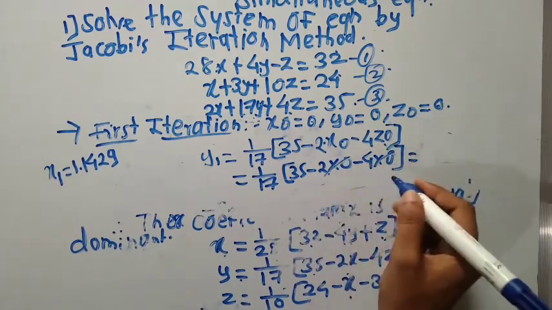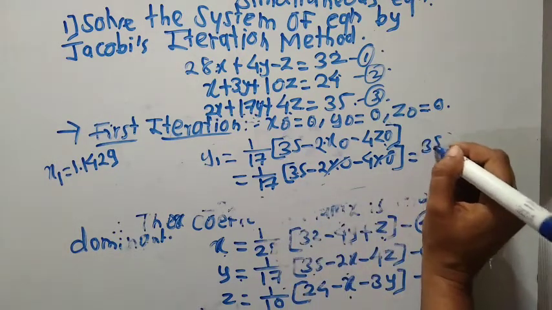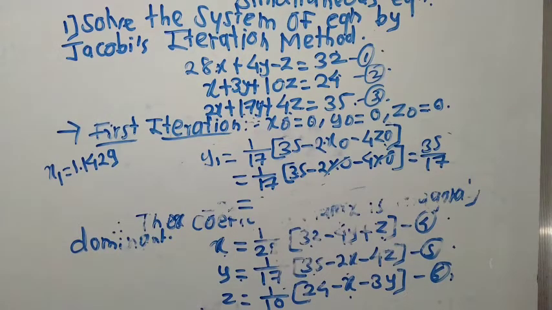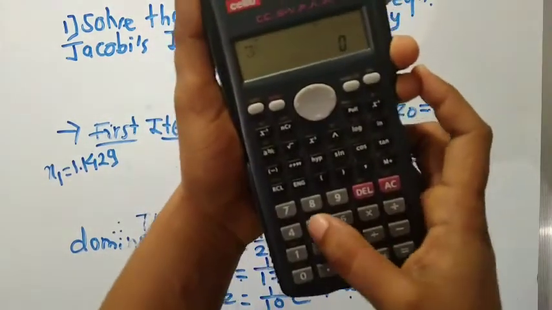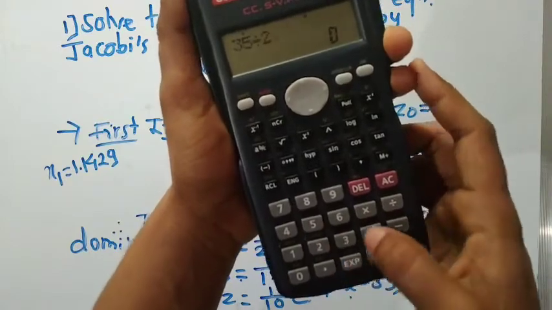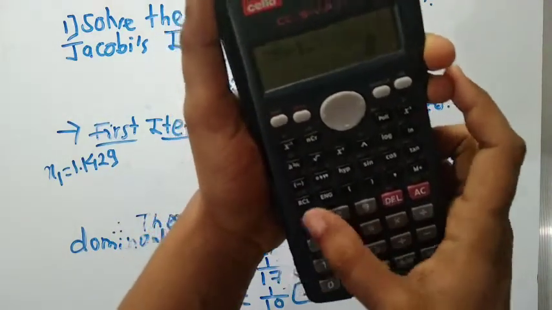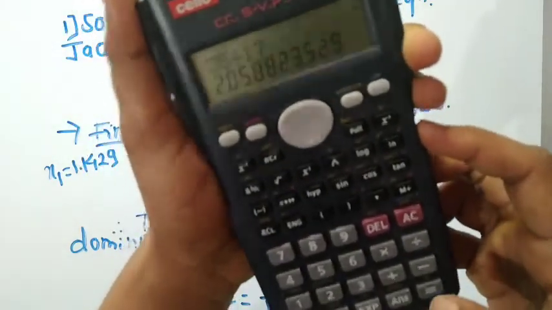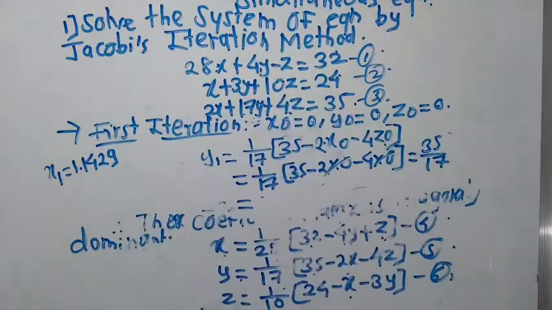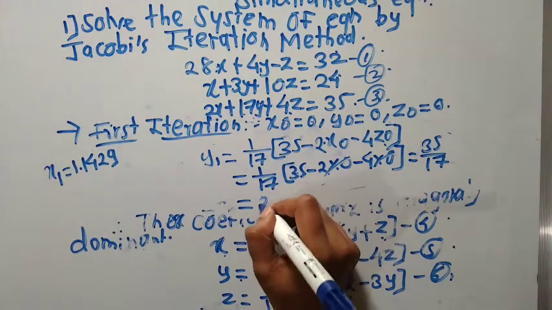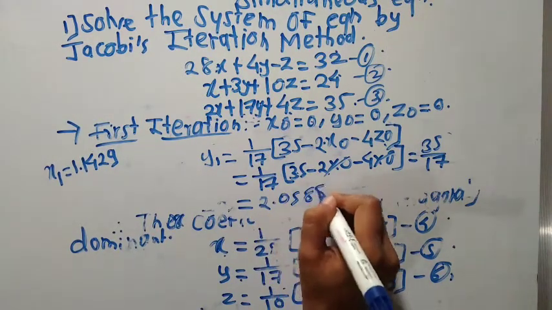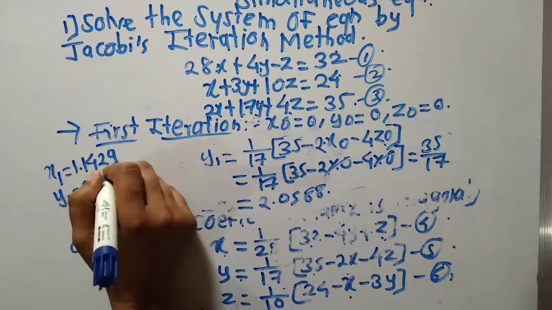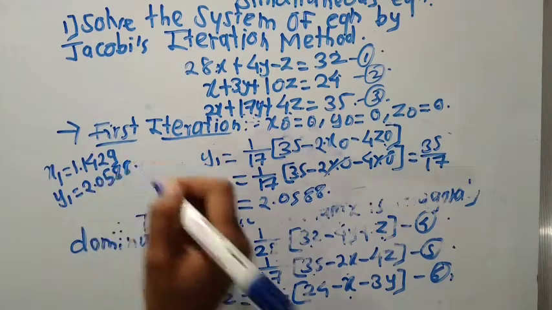So 0 and 0 cancel. So 35 divided by 17, which is equal to 2.0588. So y1 is 2.0588.